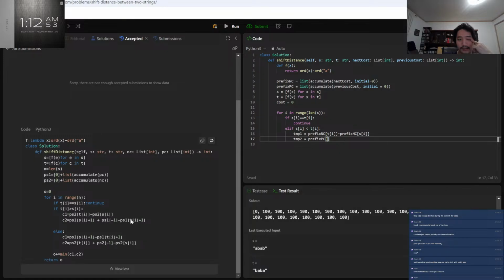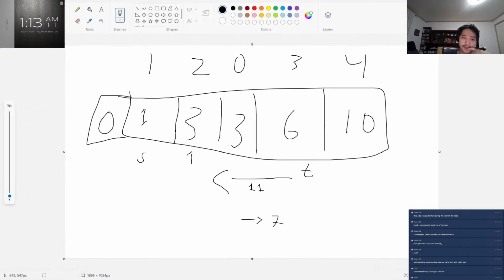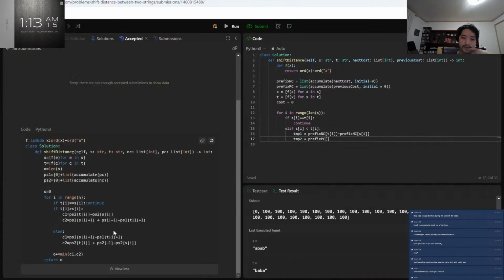I'm actually looking at your code now, Solaris. I'm still trying to figure out what I'm doing wrong. S of i plus 1. So you would essentially take this value, which is 3, and you also do -1, which will be at the end, minus t plus 1.